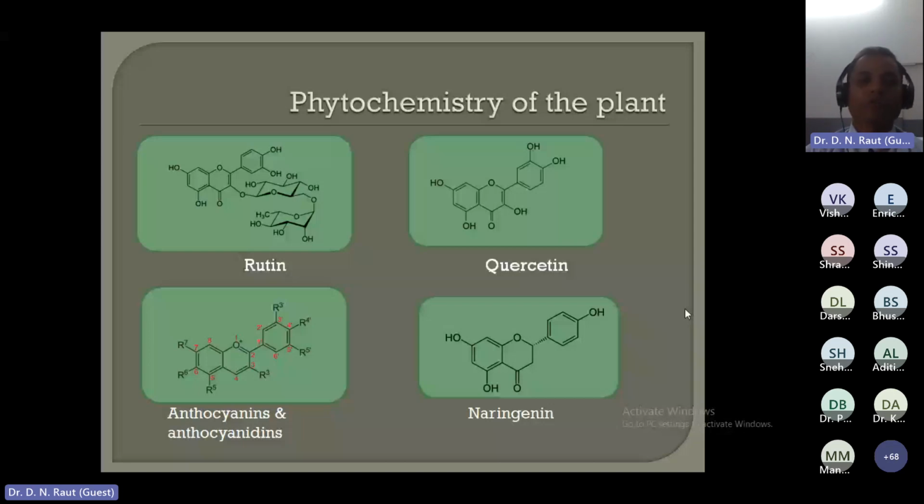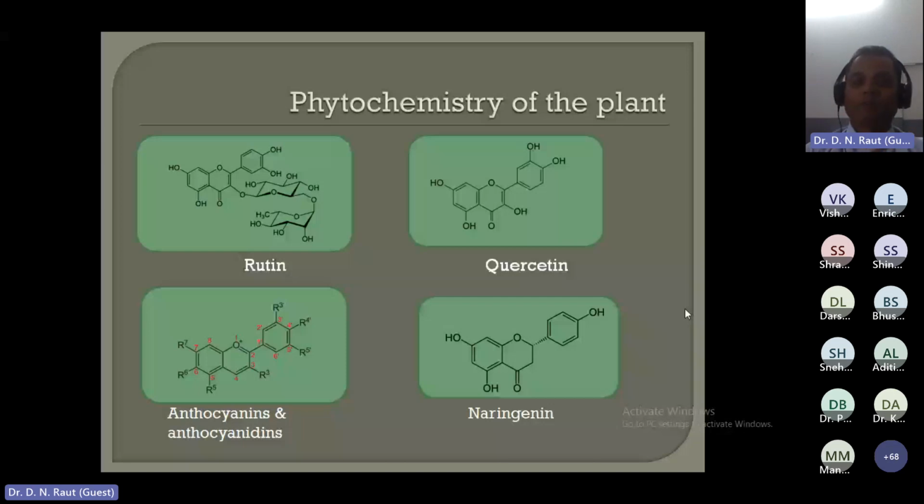Rutin has a sugar moiety, whereas quercetin does not have that sugar moiety. So the change in absorption takes place in this case, and we cannot control this little difference between rutin and quercetin, their fate and their pharmacokinetics in our body when given by the traditional route of administration.